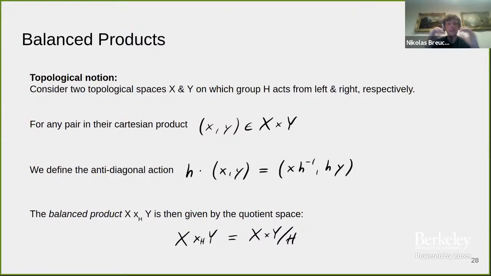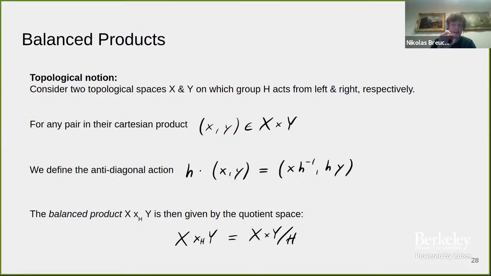And again, I want to retreat to the topological notion, given that I can always embed this code on the surface, so I can speak about topology. And balanced products already exist in topology. So let's say I have two topological spaces, X and Y, and I have a group acting on both spaces from the left and from the right, respectively.